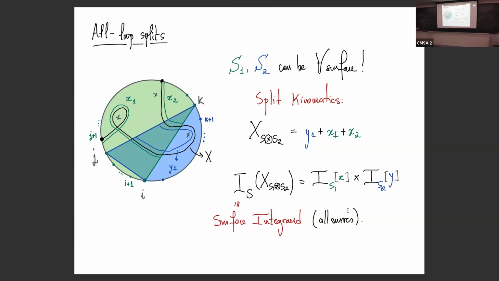Now I can just read off the split kinematics mapping exactly the same way. I draw a curve on the big surface, and it maps to precisely the sum of the curves that it decomposes into in a smaller surface. And in this limit, the amplitude should factorize into the product of the two lower surfaces. So in this case, it will be the integrand that we get.